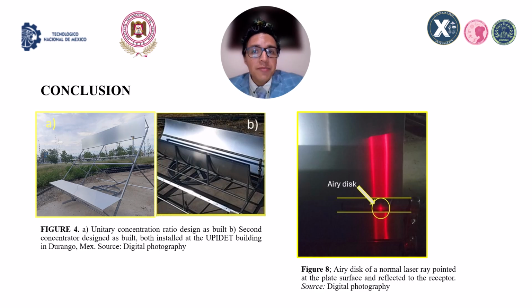At the same time, the observable decrement of the concentration ratio will guide the designer through the temperature expectations before fabricating the concentrator. At last, this photograph shows with total clarity the airy disk at the focal length. Airy disk is the pattern of diffraction of light when best focused at a spot.